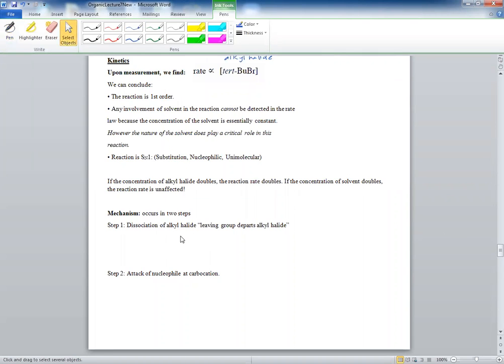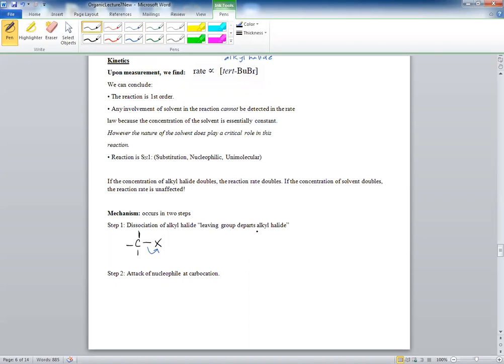We will just use a generic reaction here. The first step is the rate limiting step. This is the slowest step, and it is the dissociation, or the bond breakage between carbon and the leaving group, or the halogen.